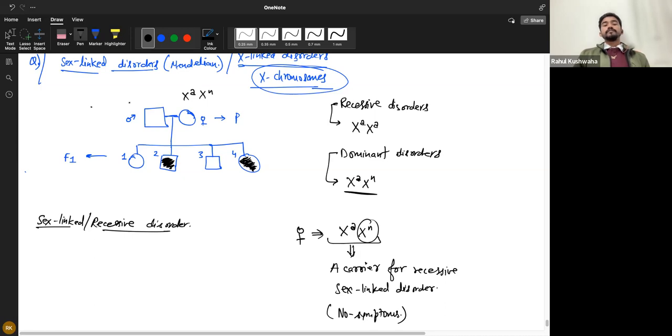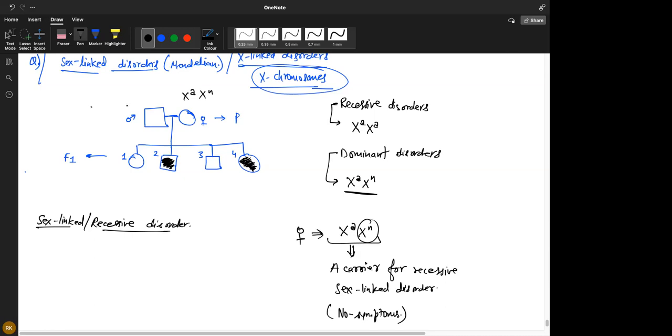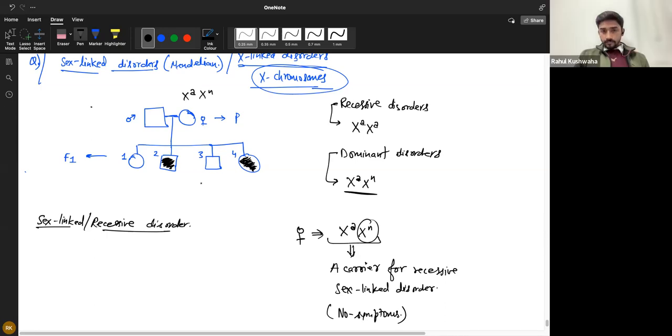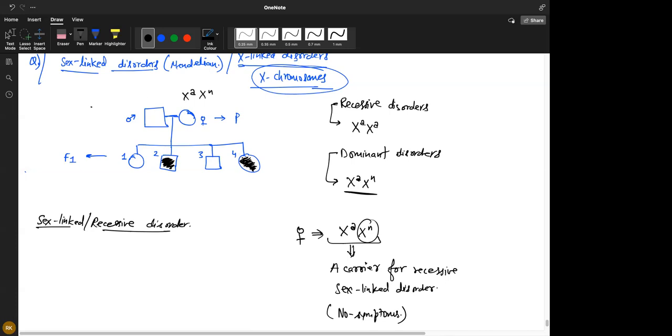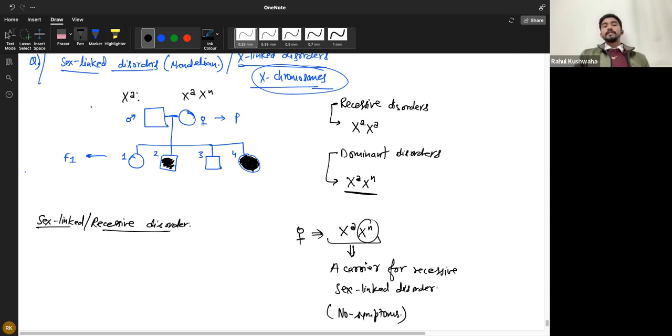Father? Sir, is the daughter affected? The fourth child, is she affected? Yes, the fourth child is affected. Then the father is affected. Tell the genotype. XAY. Okay.